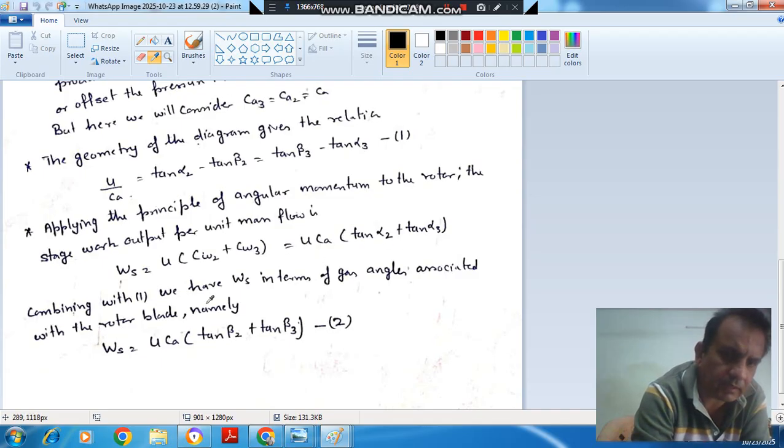Okay. And similarly from this equation we get this. Combining, we have Ws in terms of gas angles associated with the rotor blade. So this is the work done expression in terms of the beta angles, or relative velocity angles, and this is the work done in terms of absolute velocity angles.